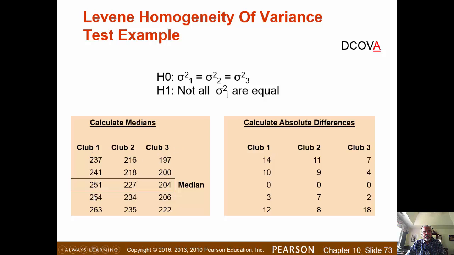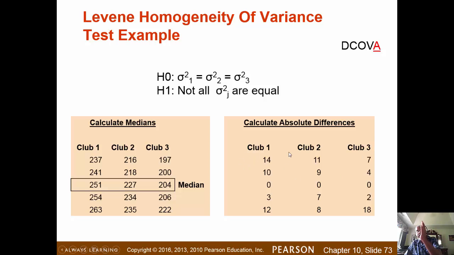So here club 1, if 251 is the midpoint, that's the median. So the absolute difference between the median and 237 is 14. Here it is 10. Here the difference is 0. And here the difference is 3 and 12. And repeat that for club 2 and club 3, golf clubs.